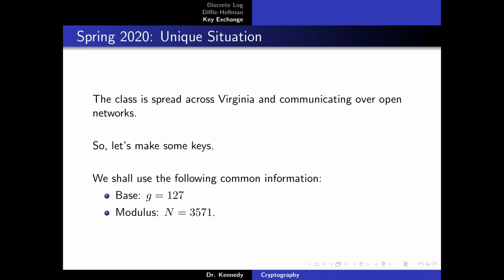This is the information we're going to use: a base G of 127 and a modulus N of 3571. These keys are going to be for communication between you as an individual student and me as the professor. If you want to do an exchange with your fellow classmates, you're more than welcome to. In fact, I'm probably going to make you. But we'll start out.